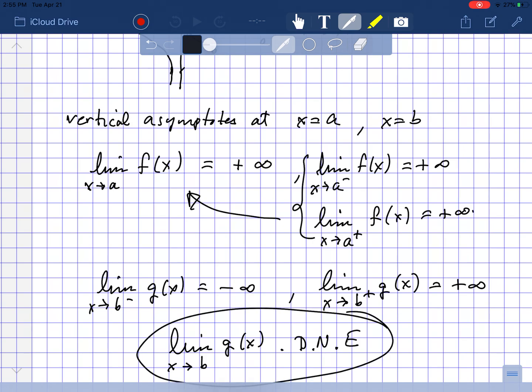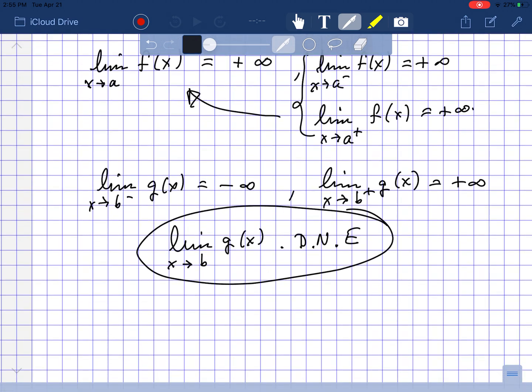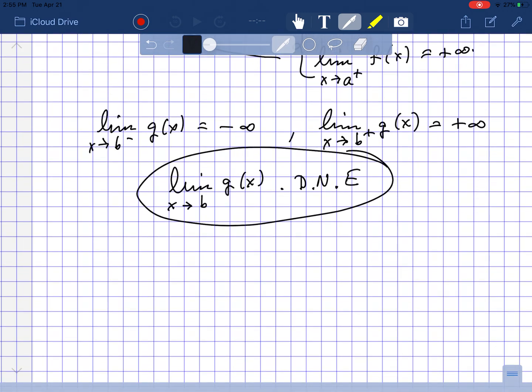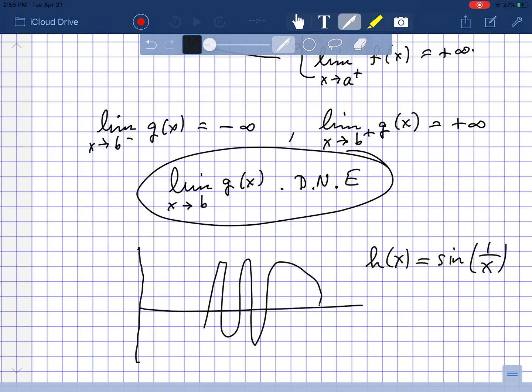All right? And then we had another case, and this case is really quite exceptional. We're not going to really deal with functions that behave like this, but we did look at the function h of x equal to the sine of 1 over x. And what we found was that the graph of this function starts oscillating wildly as we get closer and closer to 0. So this is going all over the place.